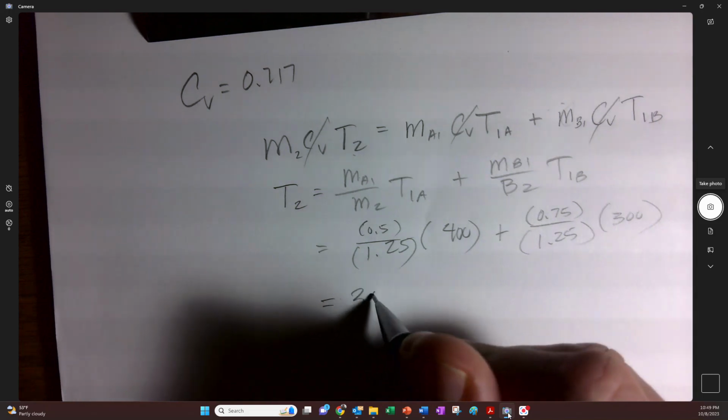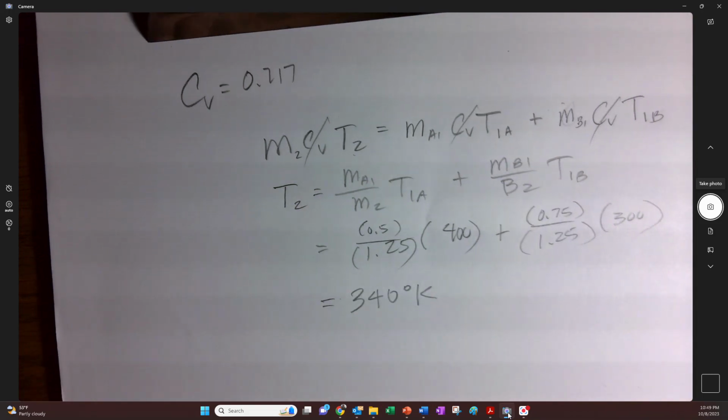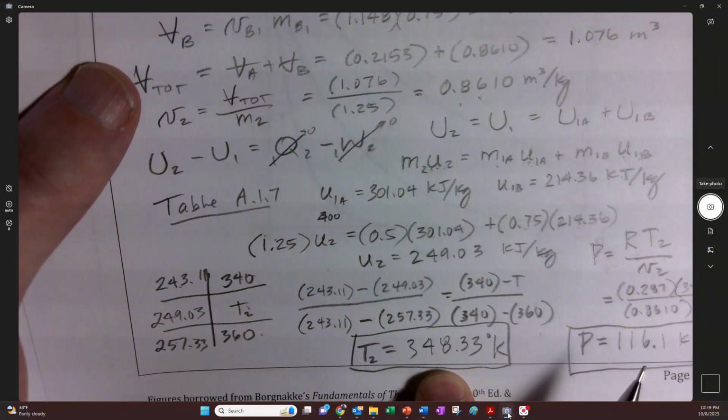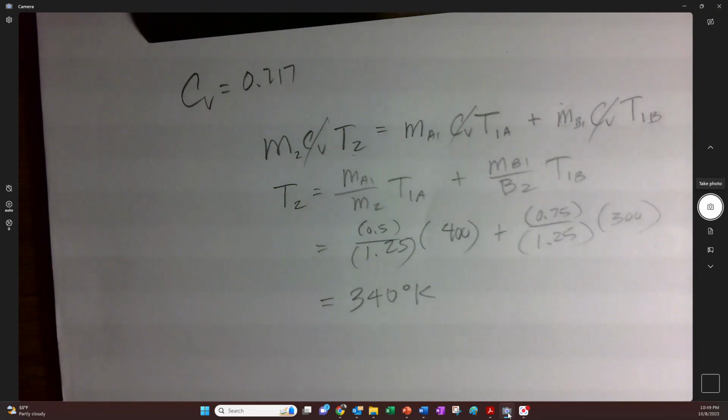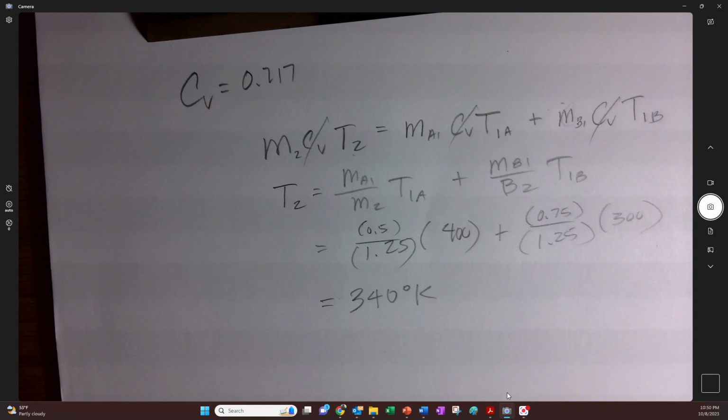We get 340 degrees Kelvin. All right, so it's a little bit of an estimation right there, but we're kind of in the ballpark. And then, of course, we would use the ideal gas law to get the pressure. I think the tables are probably a better way to go, but we will often do the assumption of a constant specific heat.